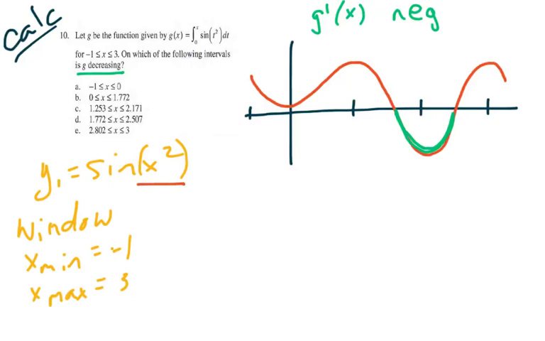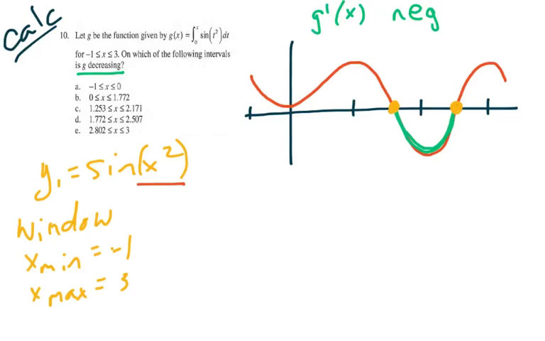So what I need to do is figure out what this x value is and what this x value is. Now, the answer choices are far enough apart that you could just move your cursor and get an estimate.